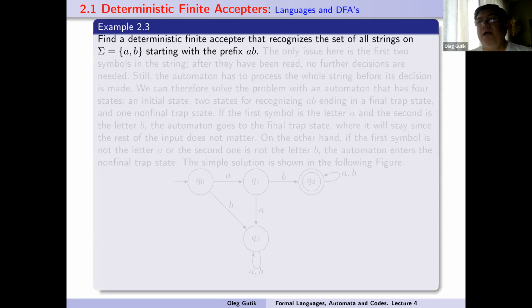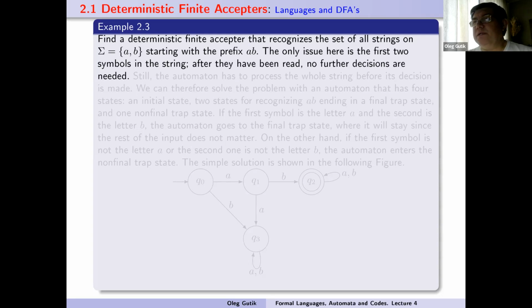Example. Find a deterministic finite acceptor that recognizes the set of all strings on the alphabet sigma, which consists of the two letters a and b, starting with the prefix ab. The only things that matter here are the first two symbols in the string. No further decisions are needed.